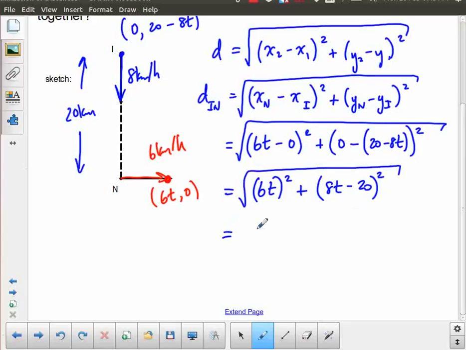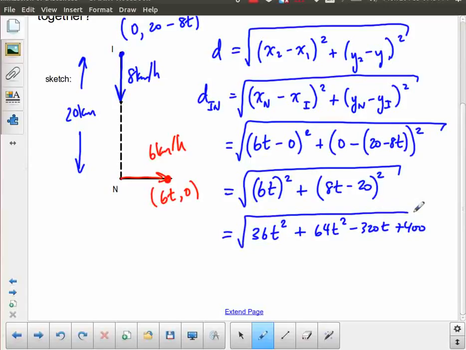Some simplifying: 36t squared plus, and now this one I'm going to expand, that becomes 64t squared minus 320t plus 400, and that whole thing is square rooted. 100t squared, I add the quadratic terms, minus 320t plus 400.